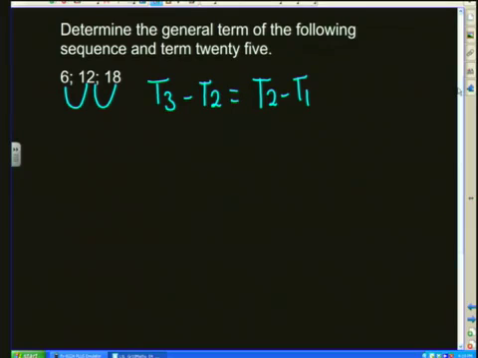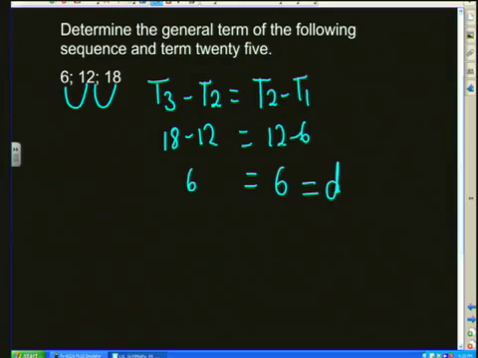Term 3, 18 minus 12 is equal to 6. And then term 2 minus term 1, we've got 12 minus 6, and that's also equal to 6. So therefore, we've got a common difference of 6. So therefore, this sequence is arithmetic.